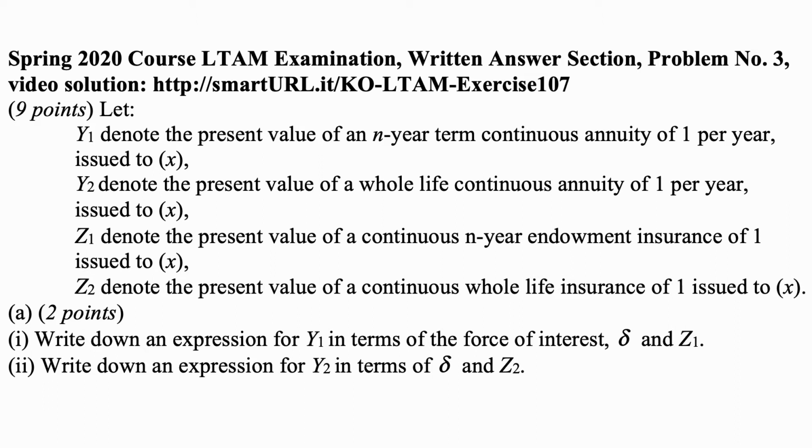Let Z2 denote the present value of a continuous whole life insurance of 1 issued to X years old. Part A. 1. Write down an expression for Y1 in terms of the force of interest, delta, and Z1. 2. Write down an expression for Y2 in terms of delta and Z2.